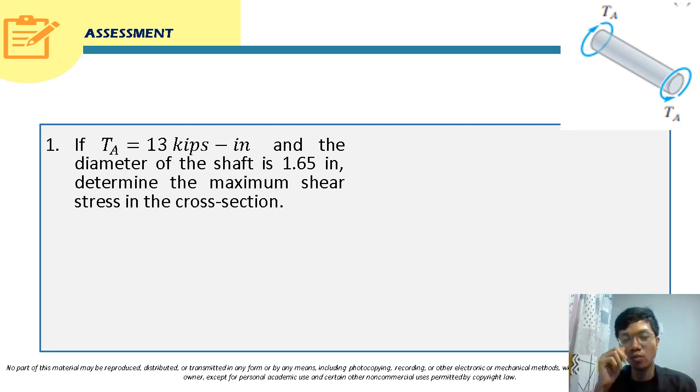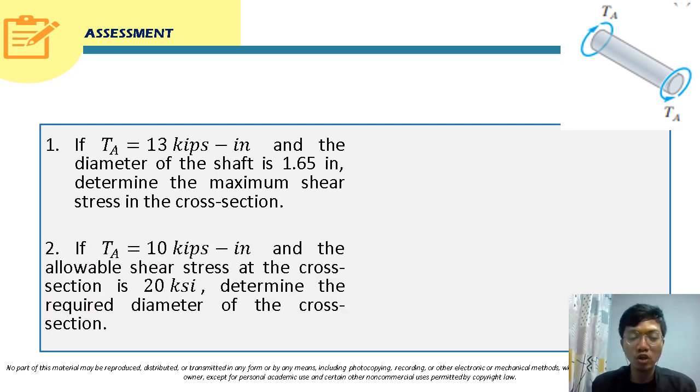For number 1, if the internal torque TA is equal to 13 kips-inch and the diameter of the shaft is 1.65 inch, determine the maximum shear stress in the cross-section. And for the second question, if the internal torque TA is equal to 10 kips-inch and the allowable shear stress at the cross-section is 20 ksi, determine the required diameter of the cross-section.